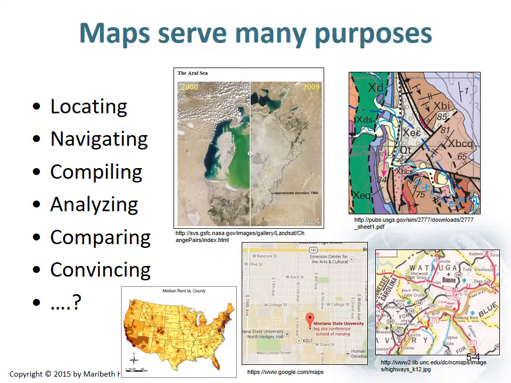We use maps as a form of visual communication, and it is a very powerful form of visual communication. We're able to quickly display and understand and comprehend a lot of information just by consuming, basically, with our eyes, the information that's in a map.